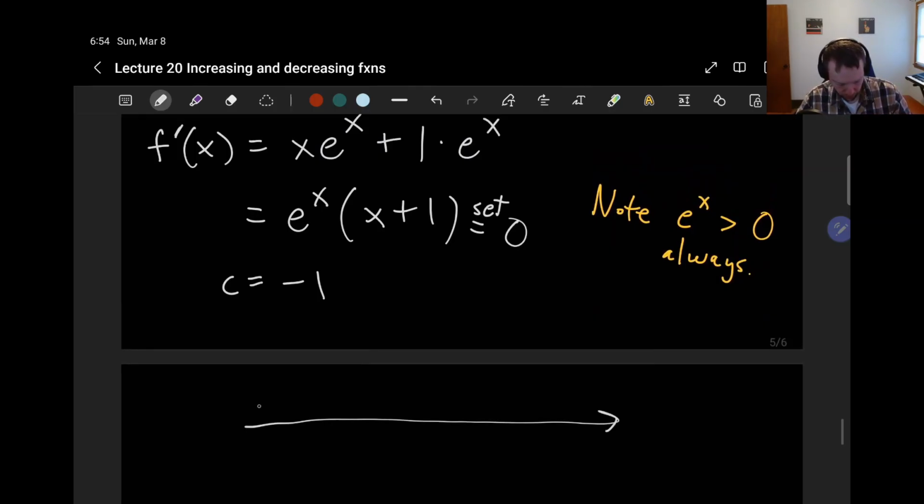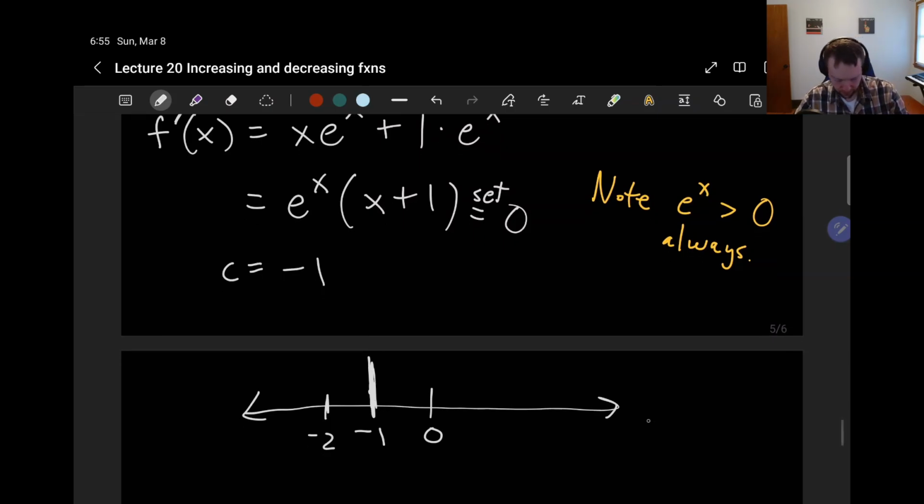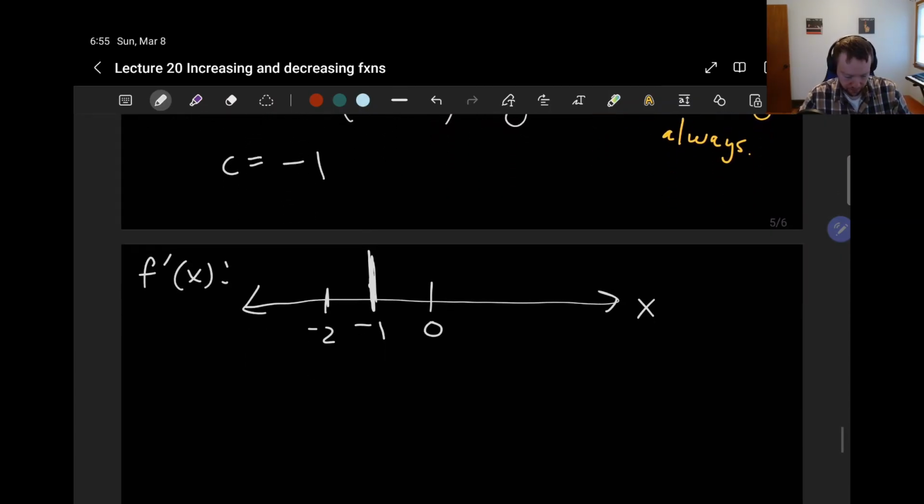So we build our little number line. Here's 0. Here's -1. So draw my little partition there. Right, these are x values, and we will check the derivative in each region.